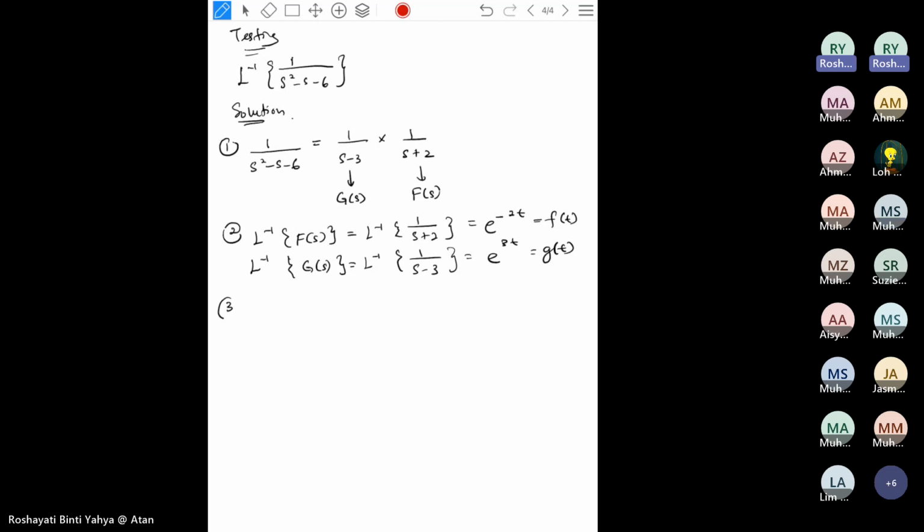Hanan is now trying and then he is now at step number 4. So FU equal to exponential negative 2u, GT minus U equal to exponential 3t minus u.